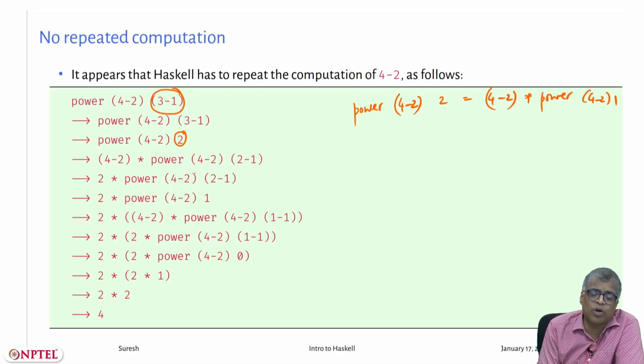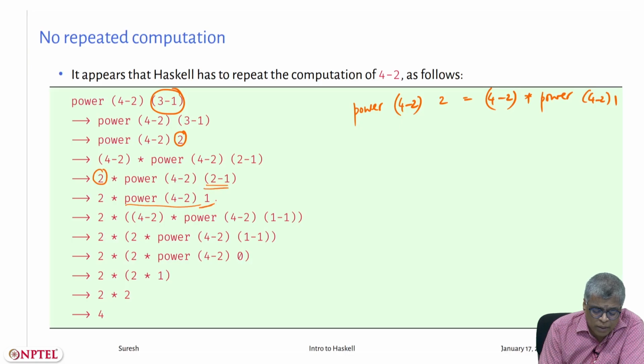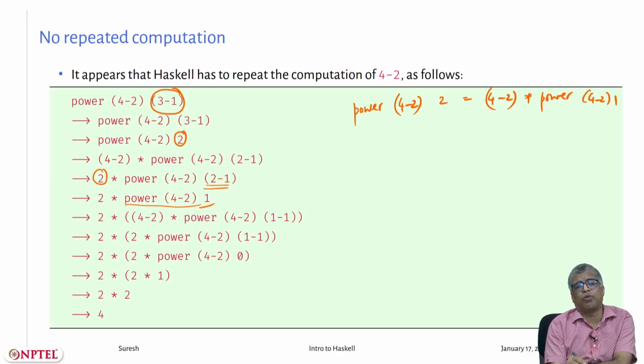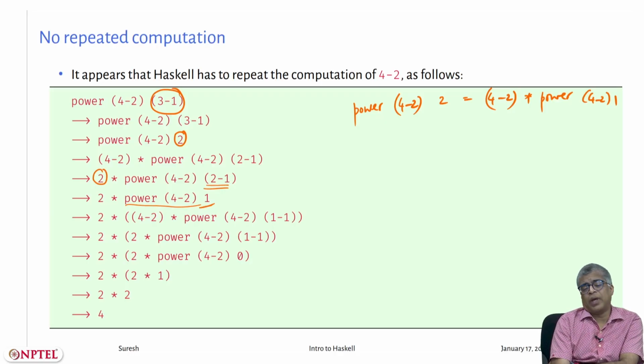(4 - 2) times power (4 - 2) (2 - 1). At this point the star requires both arguments to be numbers. 4 - 2 will be simplified to 2, and then you will again do power (4 - 2) (2 - 1). Then this will become power (4 - 2) 1, this 2 - 1 becomes 1. Then this whole thing becomes (4 - 2) times power (4 - 2) (1 - 1), and 1 - 1 is 0.